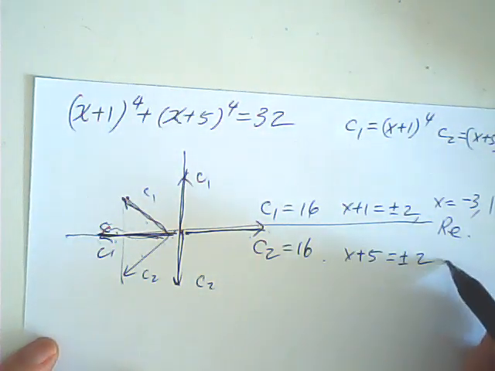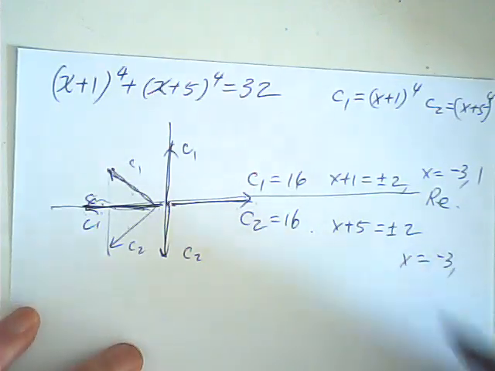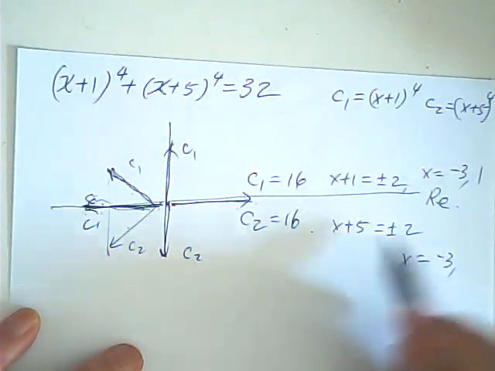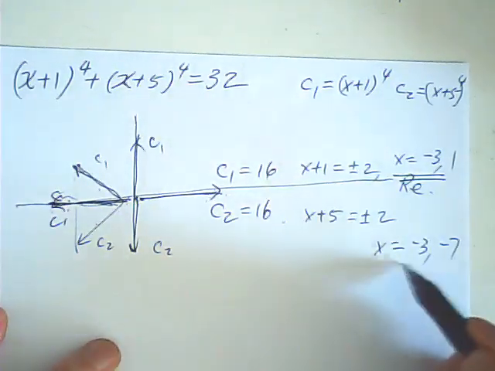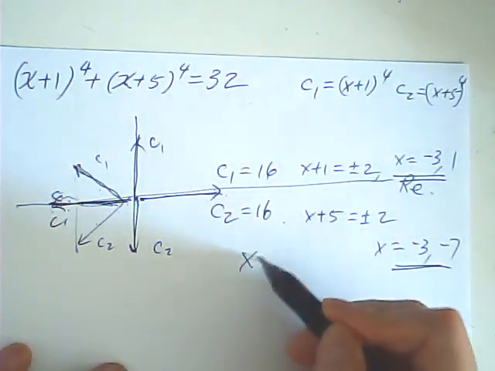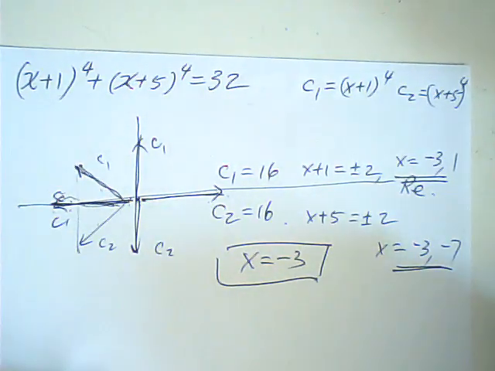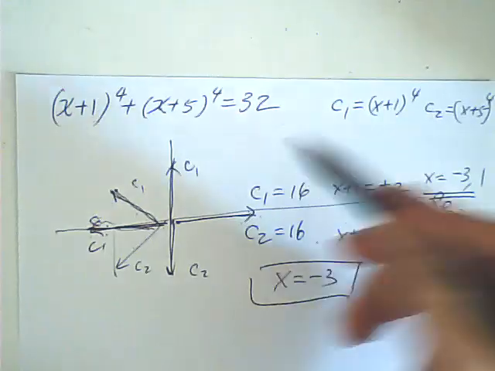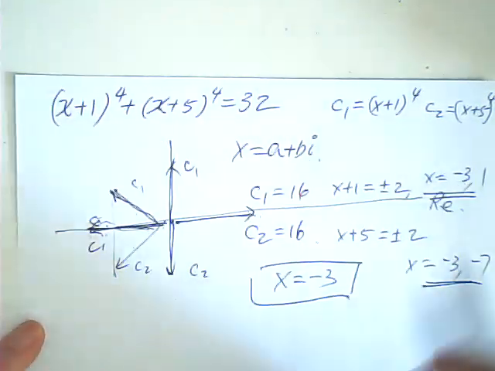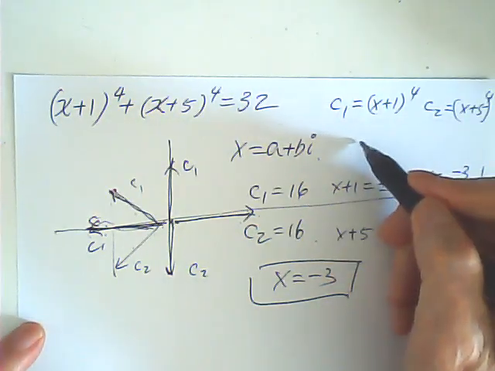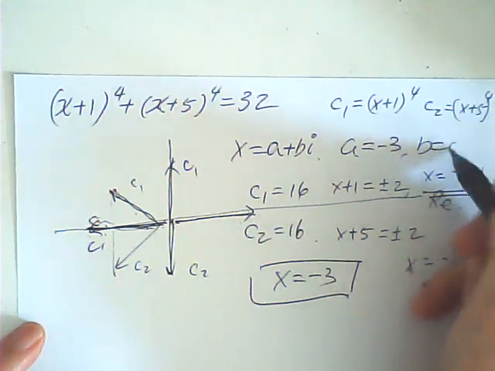This means that x is equal to minus 3 or minus 7. So we choose the common value, x equal to minus 3, which is possible, b equal to 0, right? So therefore, one solution is x equal to a plus bi. I have found one solution already. A is equal to minus 3, b equal to 0.